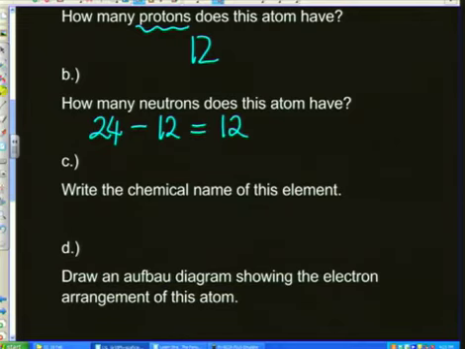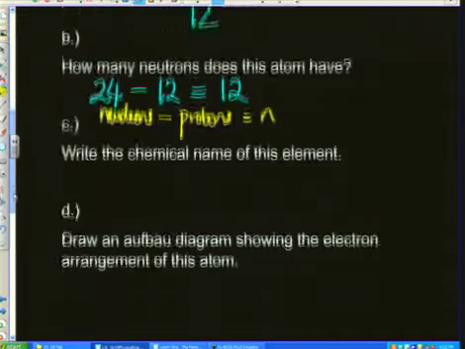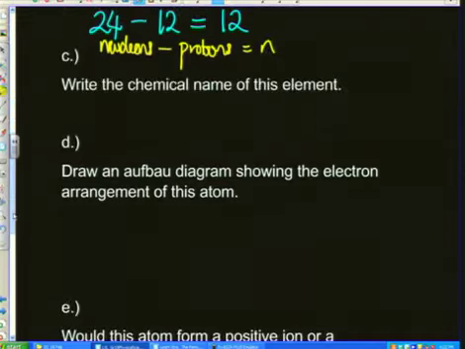In this case, it happens to be 12 and 24 minus 12 is 12. But remember, this is the number of nucleons that's inside the nucleus minus the number of protons, and that's going to give me only the neutrons. Let me write out neutrons.